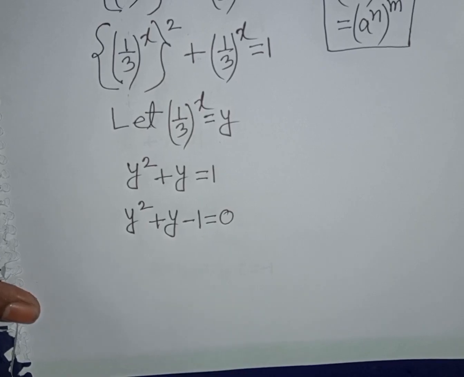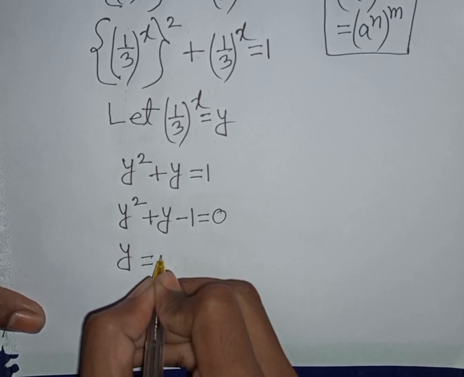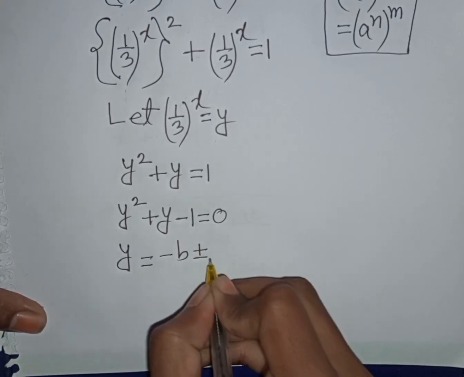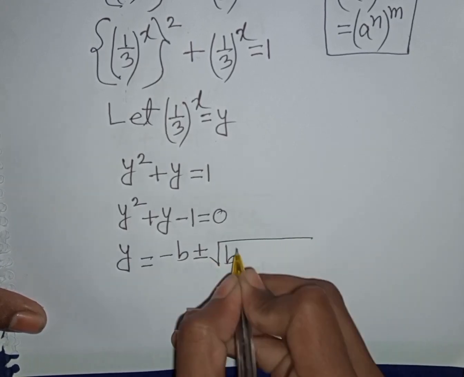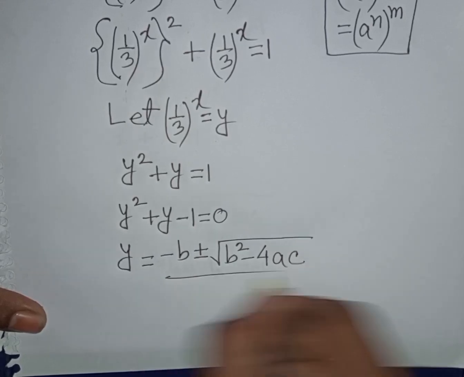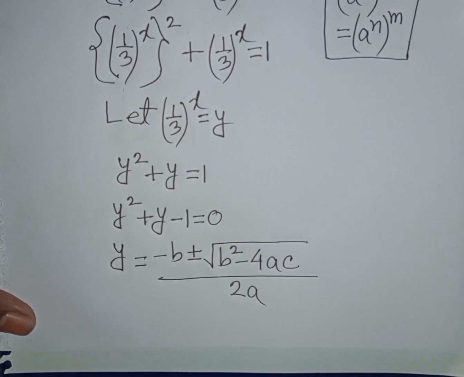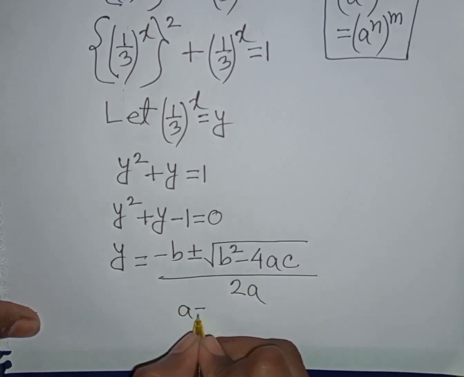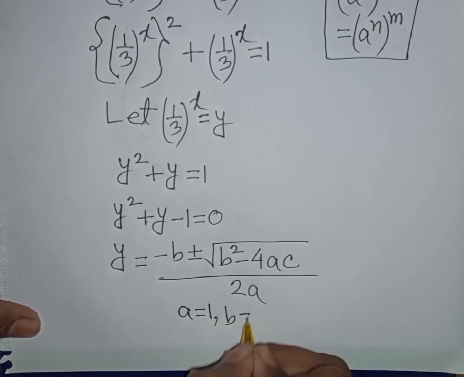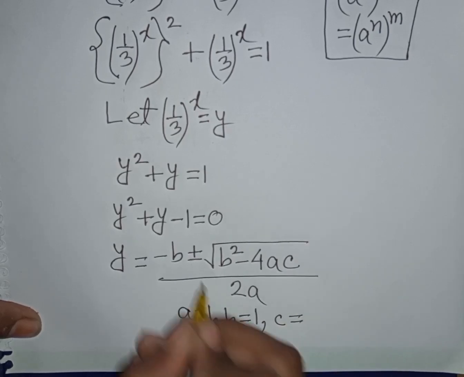Now here I can apply the quadratic formula, so y is equal to minus b plus or minus the square root of b squared minus 4ac, divided by 2a. Here a is equal to 1, b is 1, and c is equal to negative 1.